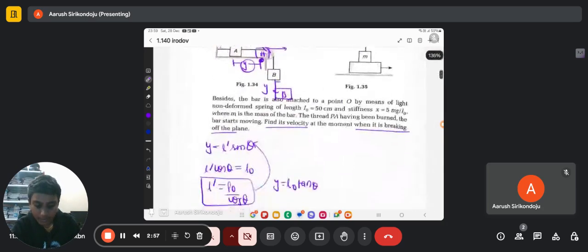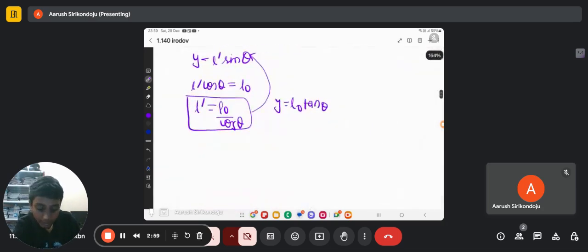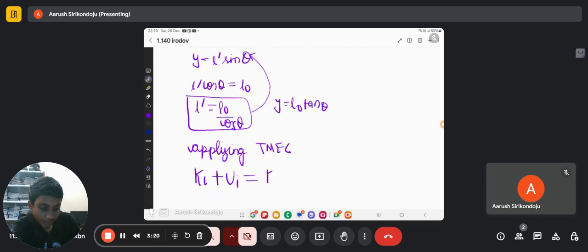So now let's simply apply total mechanical energy conservation. Applying TMEC, we get initial kinetic energy plus initial potential energy equals final kinetic energy plus final potential energy.